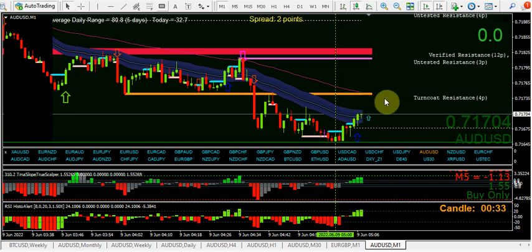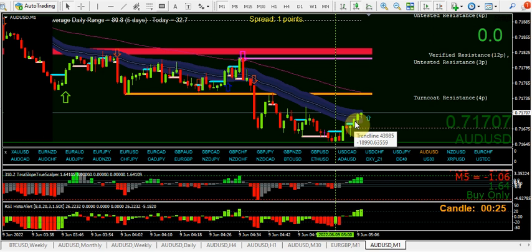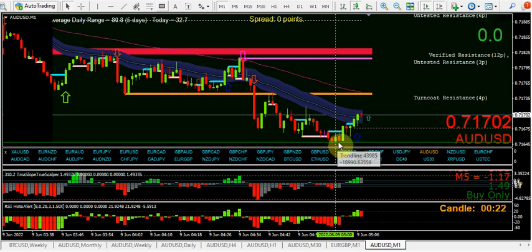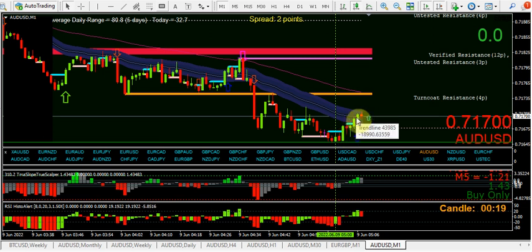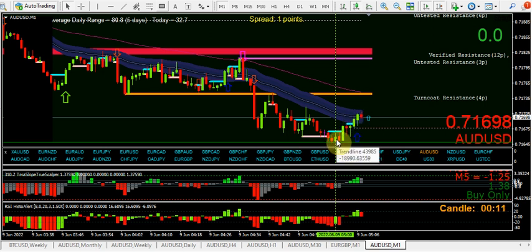You've got your spread to take into account and all that malarkey, but some people make their living from 2 or 3 pips. That is a 2 or 3 pip clean trade with a 1 pip stop, and it's all happened in minutes, 6 minutes since that candle closed and the new one opened, and that's the pullback. So that's what I do all day long, guys.